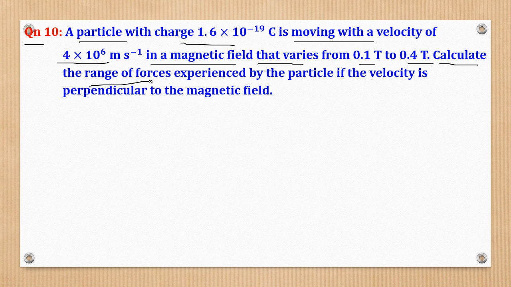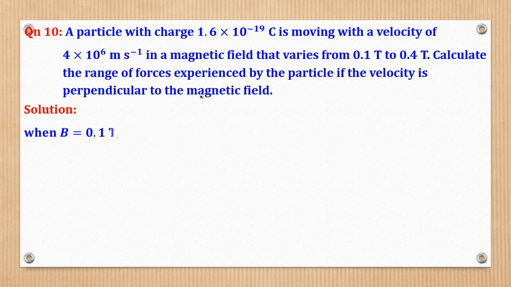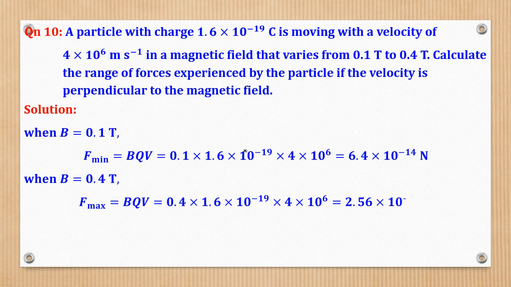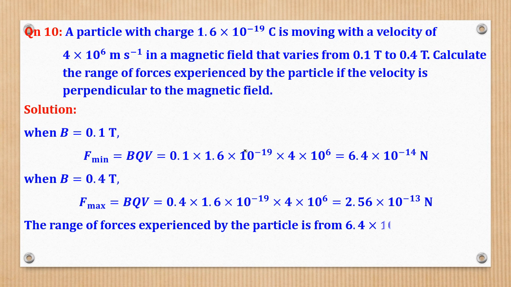Calculate the range of forces experienced by the particle if the velocity is perpendicular to the magnetic field. So when B is 0.1 Tesla, force will be that, and when B is 0.4 Tesla, force is that. Therefore, the range of forces will be from this up to this.